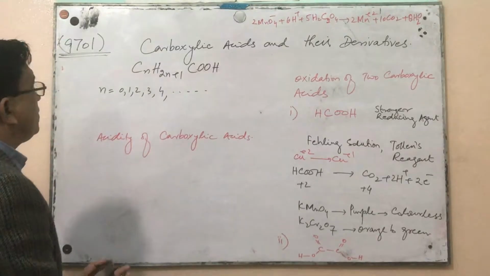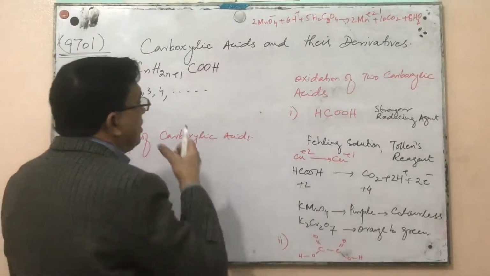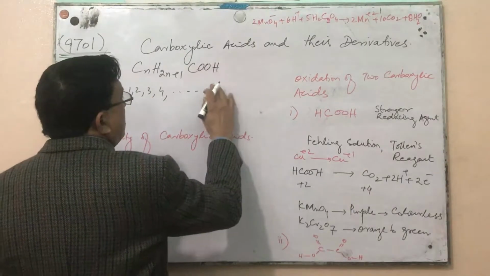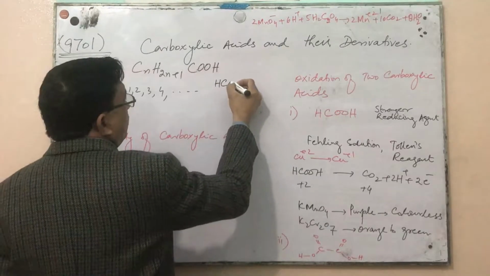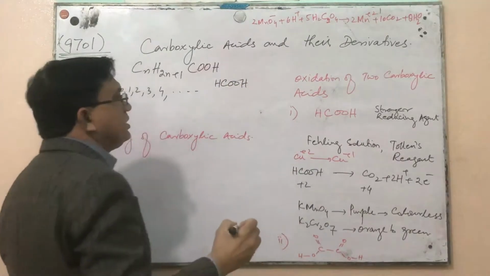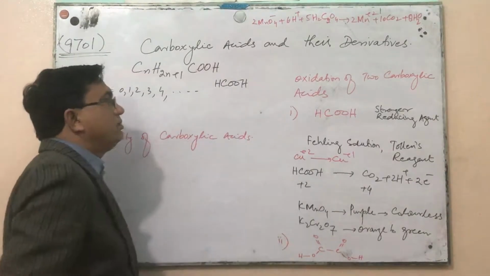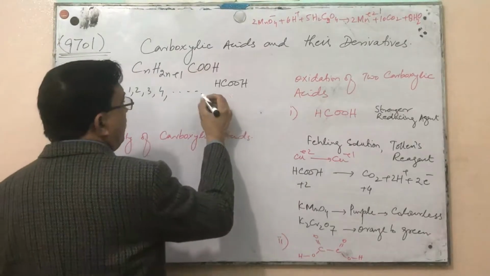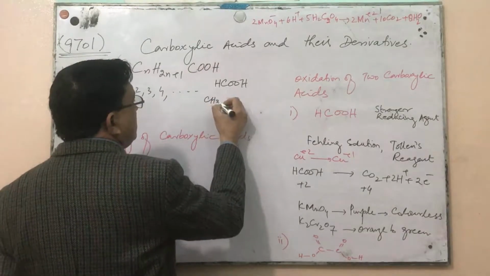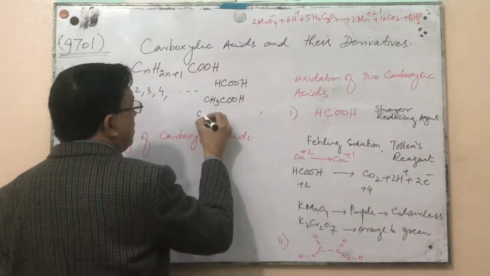If we put the value of n as 0, then we get the first member of this homologous series as HCOOH, which is also called methanoic acid because one carbon atom is here. If we put n value 1, it will become CH3COOH, and so on.